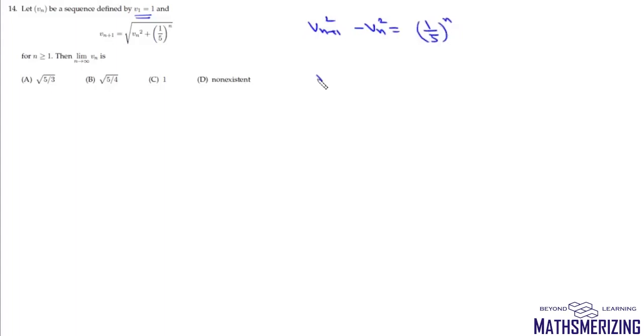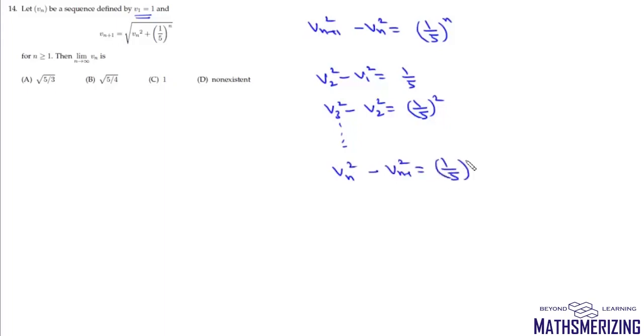Now we'll put n as 1, we'll get V2 square minus V1 square is 1 by 5. If we put n as 2, we'll get V3 square minus V2 square will be 1 upon 5 square, and then we can write Vn square minus V(n minus 1) square will be 1 upon 5 to the power n minus 1.